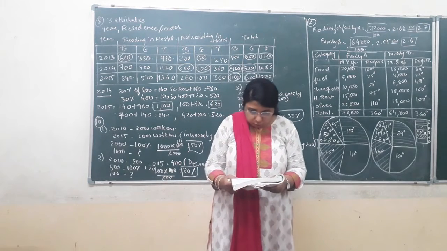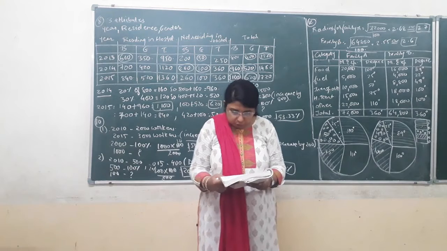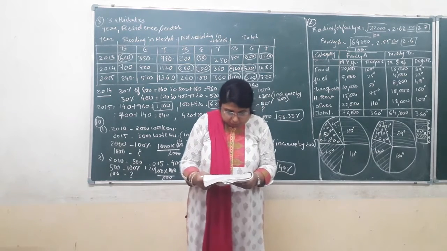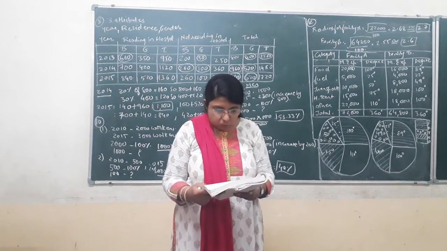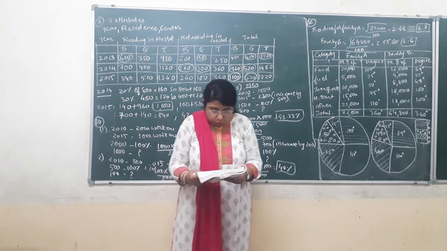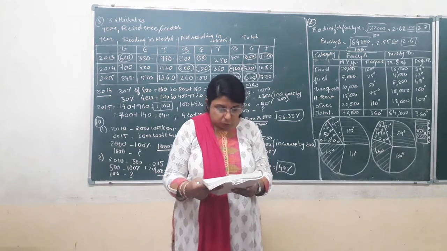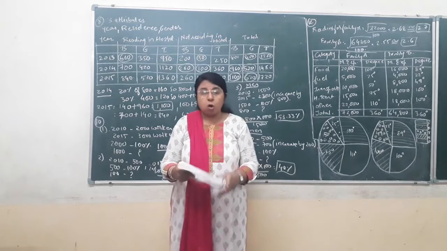In the year 2014, there is an increase of 20% in number of boys, and the number of girls increased by 30%. During this year, 260 boys and 100 girls were not residing in hostel. In the year 2015, 140 boys and 100 girls were newly admitted in the school, and all of them resided with the hostel students.